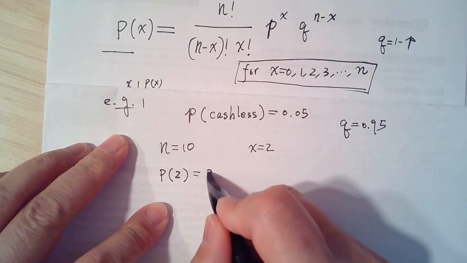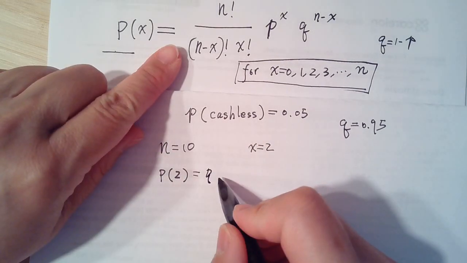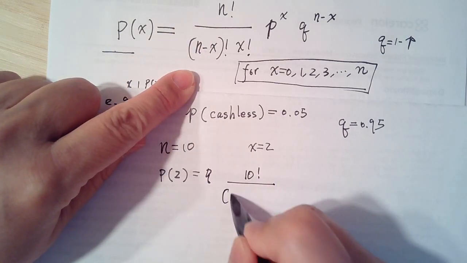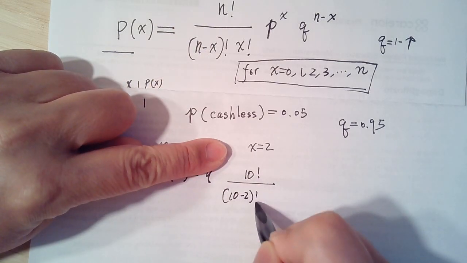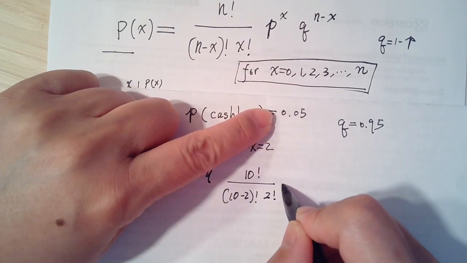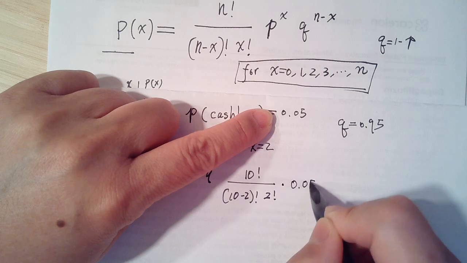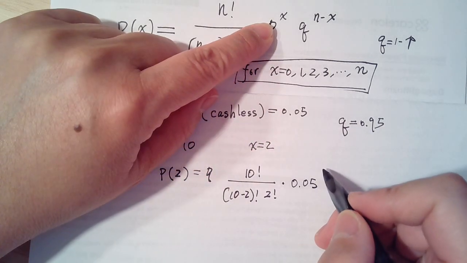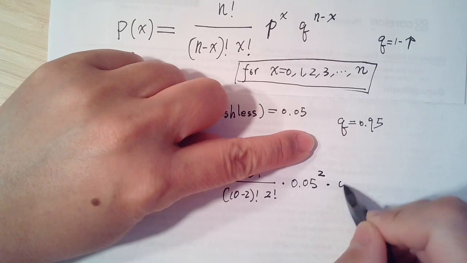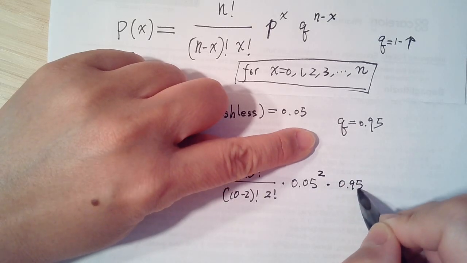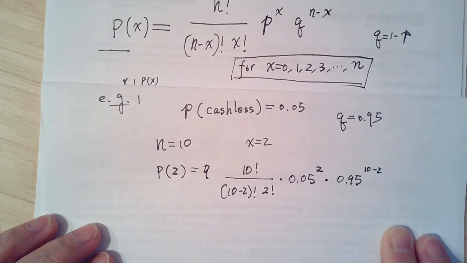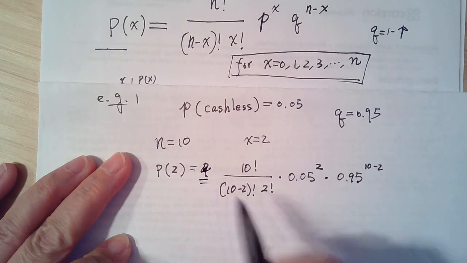So P of 2 equals 10 factorial over 10 minus 2 factorial, and we just plug in 2 factorial, and p is 0.05 to the power of x, which is 2, and q, which is 0.95 to the power of 10 minus 2. Okay, that actually equals this.